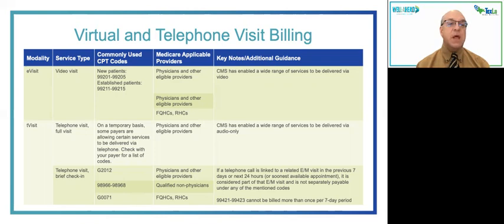And this is basically a physician or other eligible provider that we've talked about before. And CMS has basically established a wide range of services to be able to be delivered through that particular method.